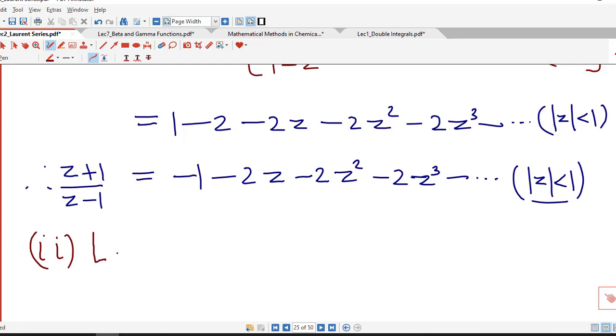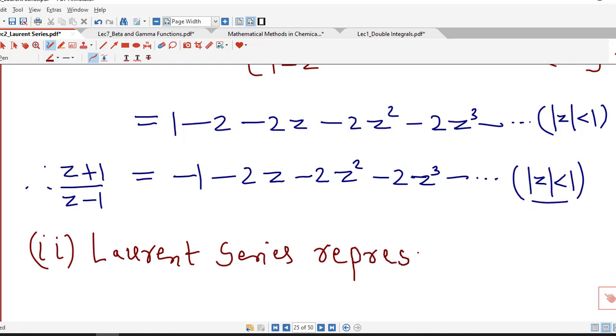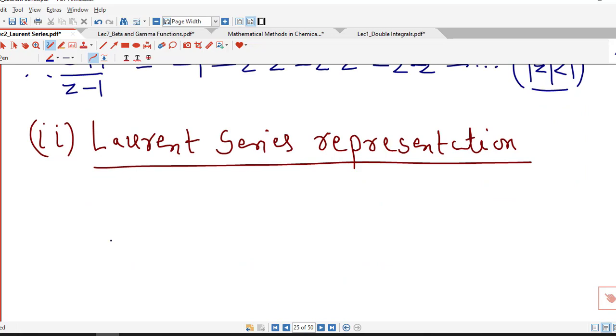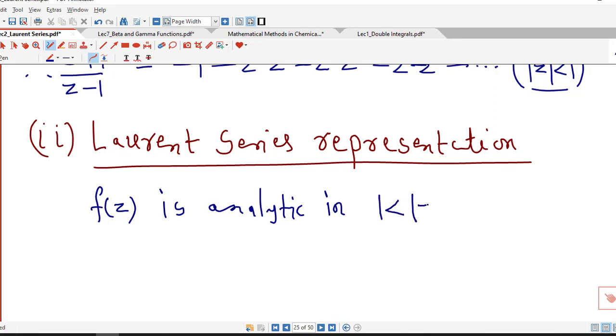So now here we consider Laurent series expansion or Laurent series representation. In this case we consider the fact that f of z is analytic in the domain 1 less than mod z less than infinity.